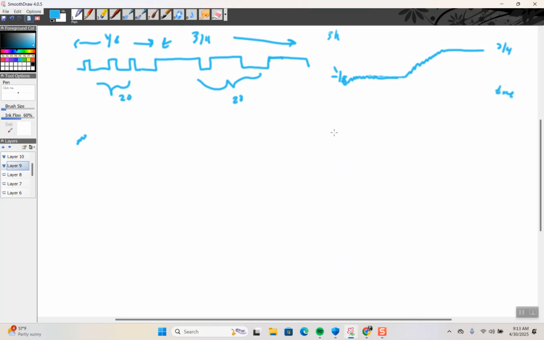What you can do is change this pulse width modulated signal with a sine wave, and you can ultimately get a sine wave. Not the same time scale, right?